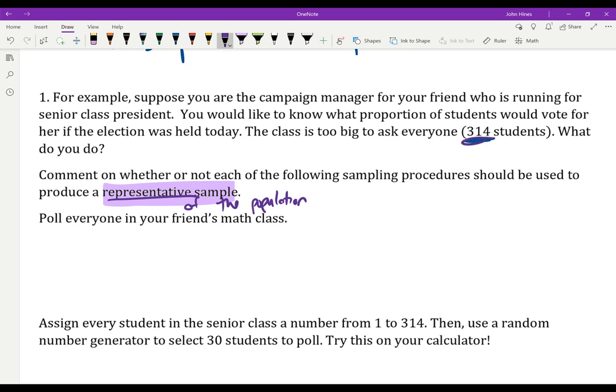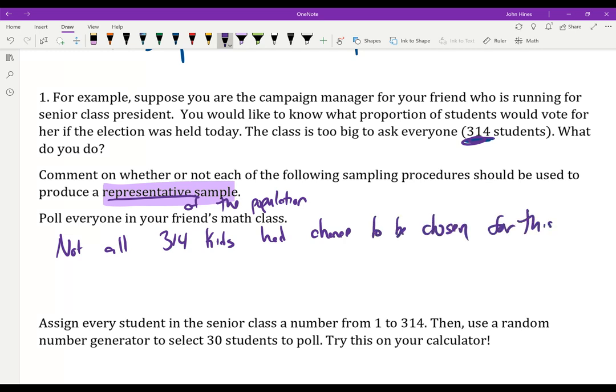Did all 314 kids have a chance of being selected? No, not all 314 kids had a chance to be chosen for this sample.